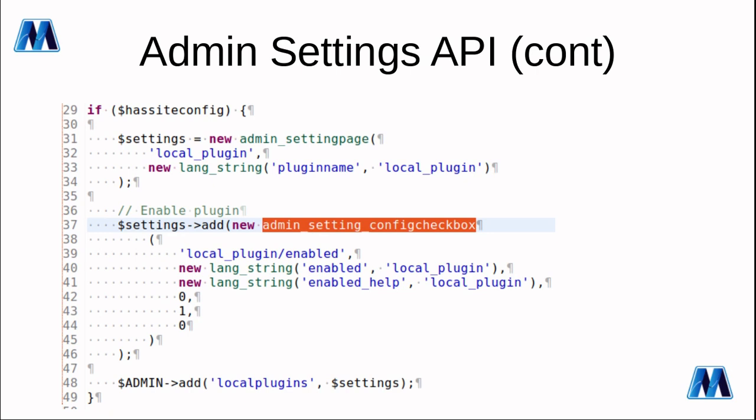Again, this is a checkbox example, and notice the use of the lang underscore string class rather than the get string function being called to get language strings. And then at the end of that, you add the settings to the admin tree, and you choose the branch in the admin tree. So this is being added to the local plugins branch of the admin tree.